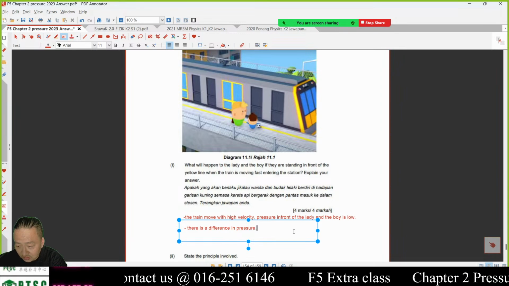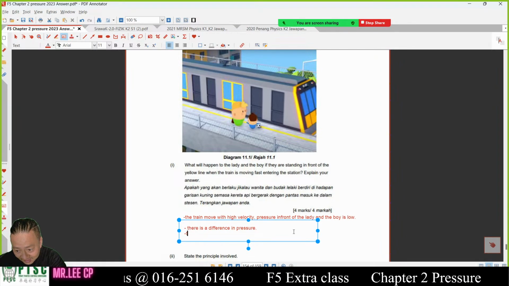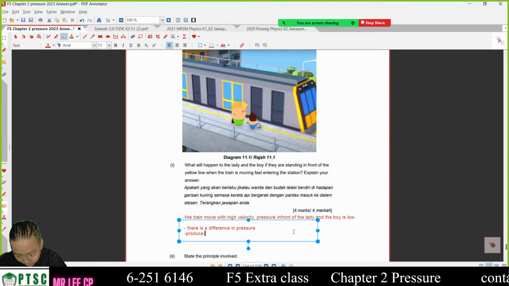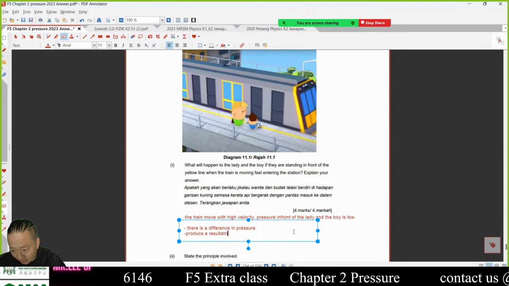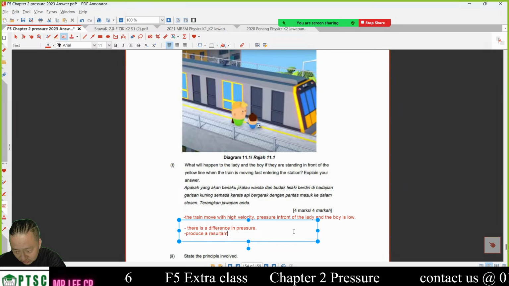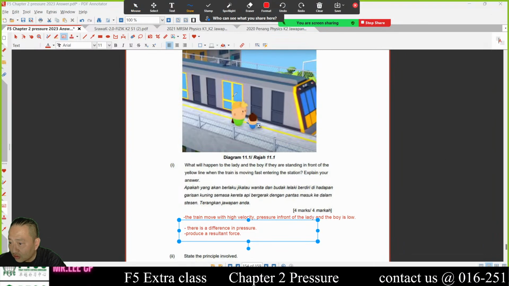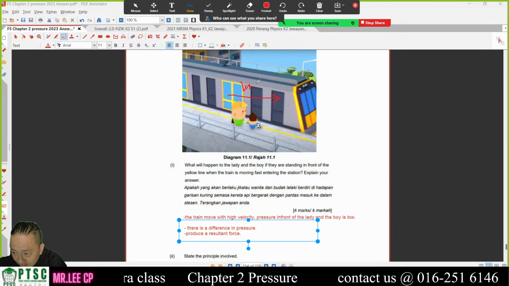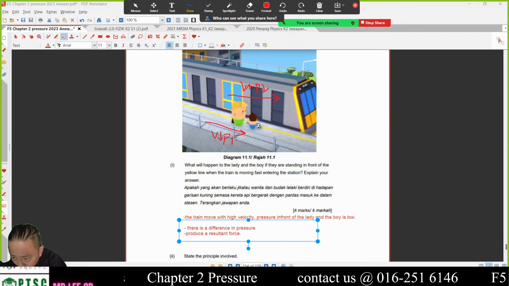The difference in pressure produces a force, a resultant force. So velocity here high, pressure low. Velocity here low, pressure high.